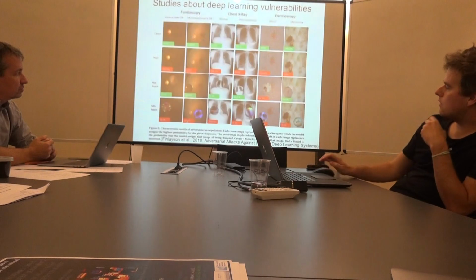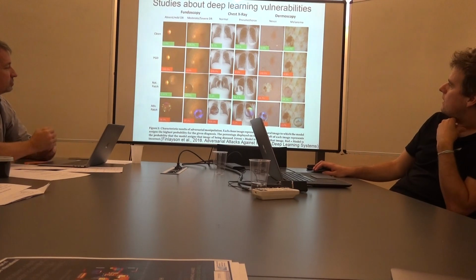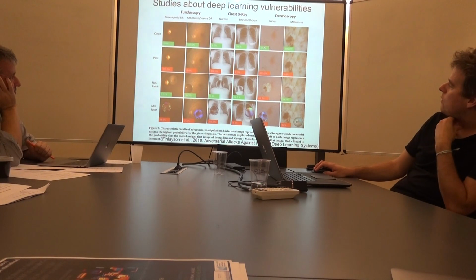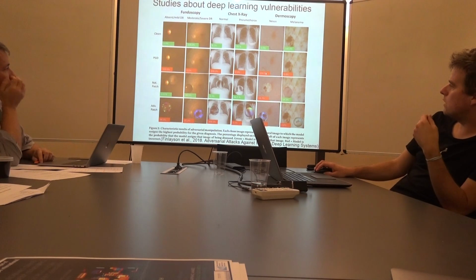Here you have other examples in the biomedical field, for example two examples of skin images, where this one is normal and this one is malignant. The traditional deep networks correctly predict 0% of disease and 100% of disease. But it's possible to build methods that generate very small modifications, transformations in the image, so that the deep networks then completely fail.